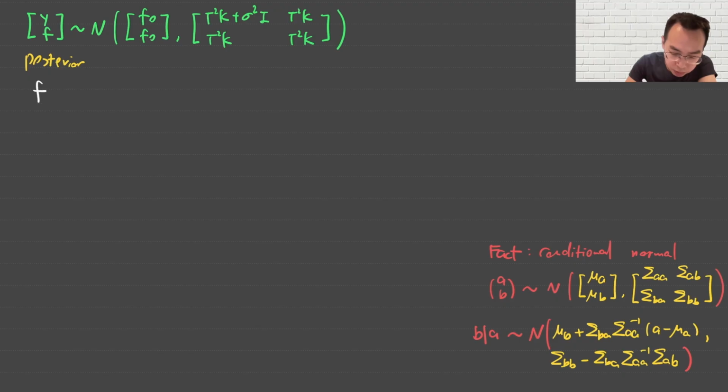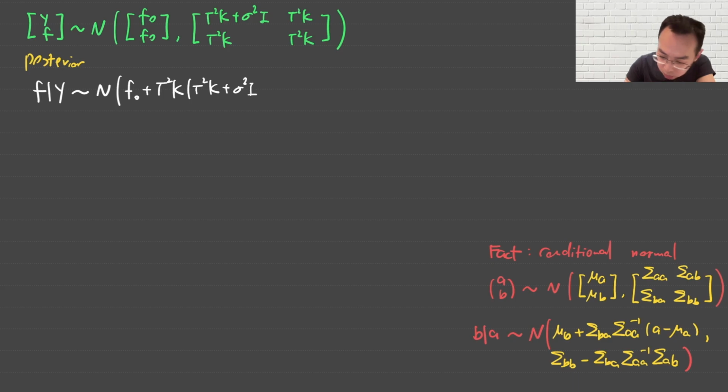Then we'll have f given y as a normal distribution where we just plug in the numbers here. So f0 plus tau square k, times the inverse of tau square k plus sigma square I, and then we'll have y minus mu a, where mu a will be f0.